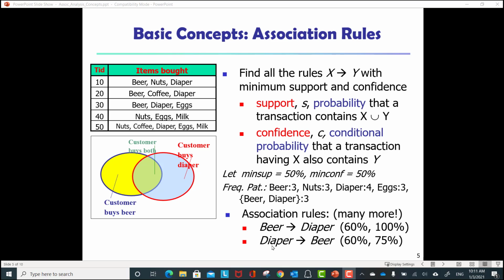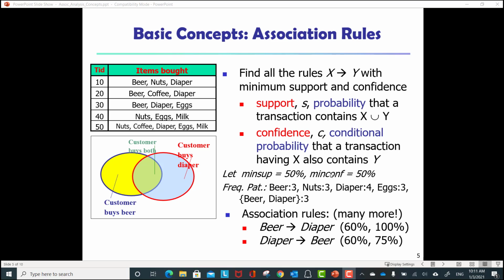So the confidence level, or conditional probability, where diaper implies beer is only 75%.